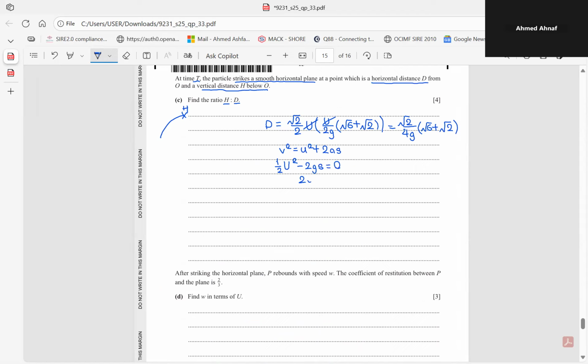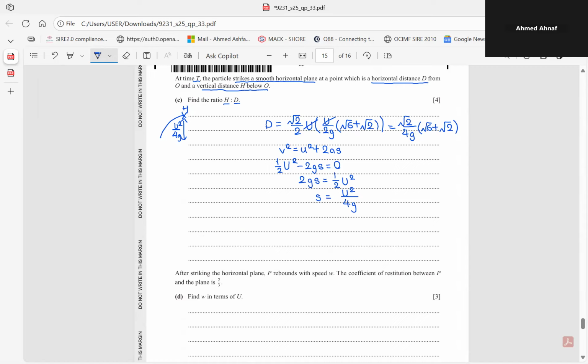And then you get 2gs equals half big U squared. And then s would just be U squared over 4g. So this is the highest height that they reached, U squared over 4g.